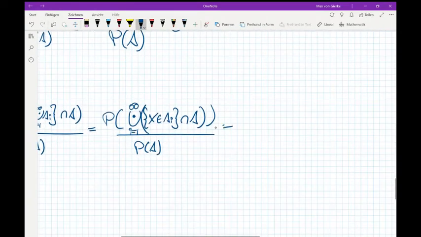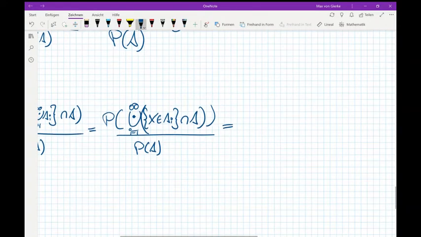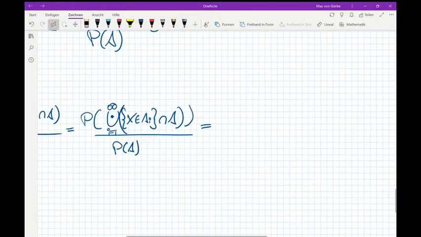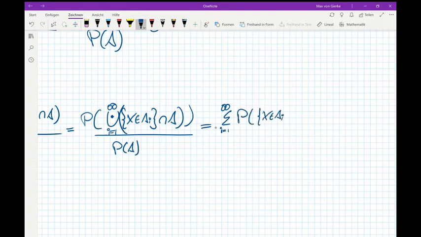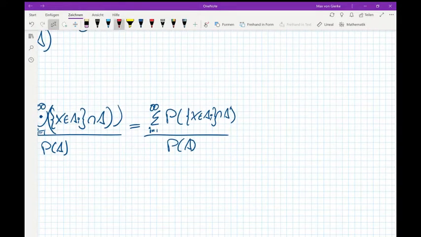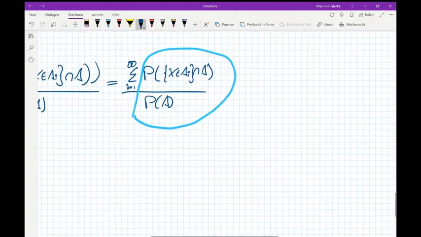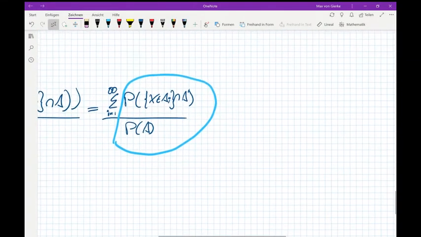And again, P is a measure, so it is sigma additive. So this is true: the sum of P of x is in A_i conditioned on A over P(A). We can see that this thing is W again.